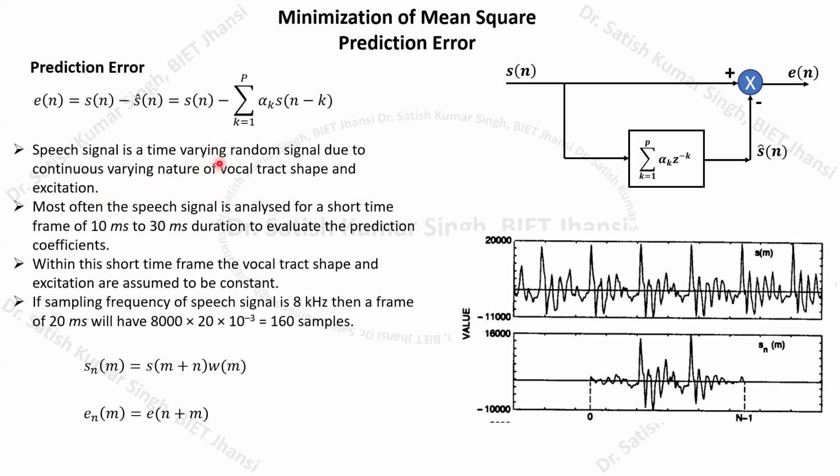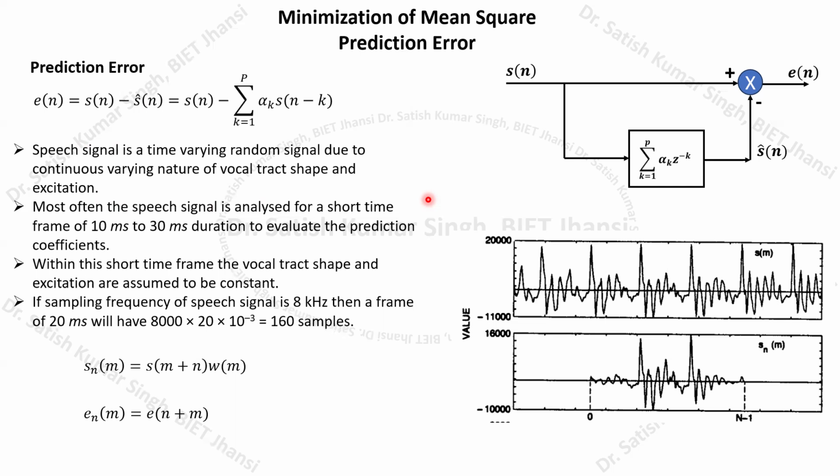Because the excitation and the vocal tract shape are not constant, the speech sequences generated by its equivalent model are not going to be constant. It is a time varying function, and also a random signal.